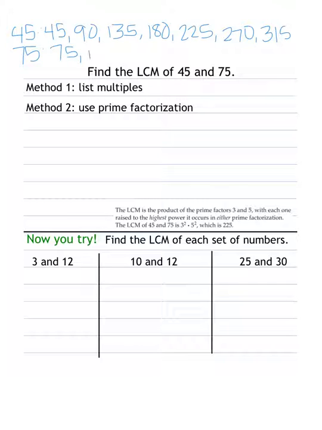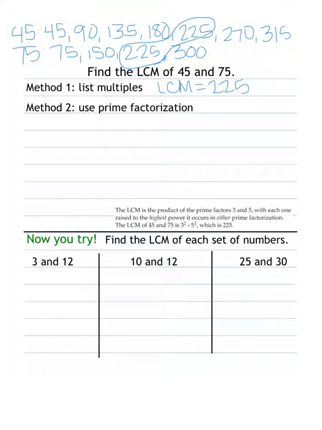So 75, 150, 225, 300, but I can see that I do have a common multiple, which is 225. So listing out the multiples, it did end up working. Tells me that the least common multiple is 225.